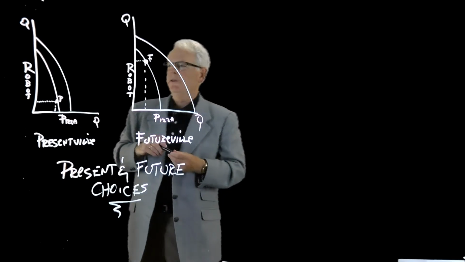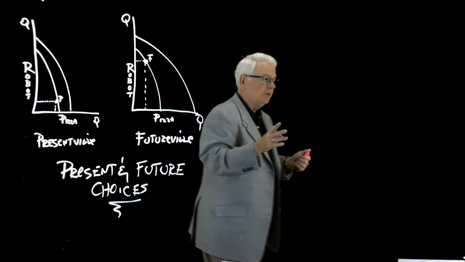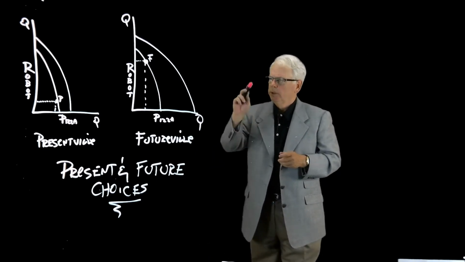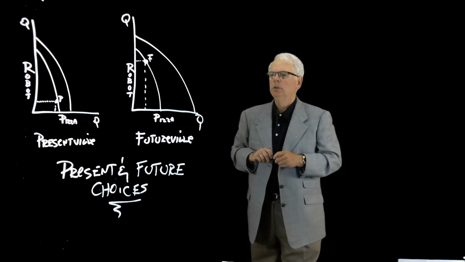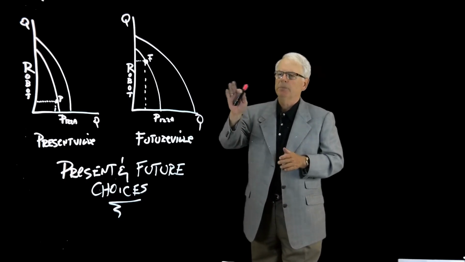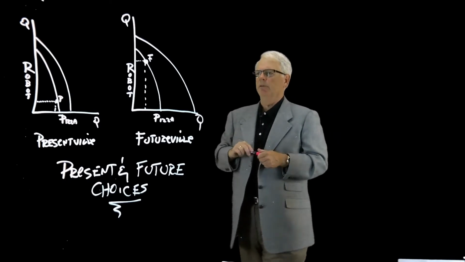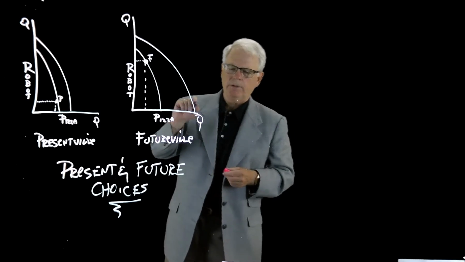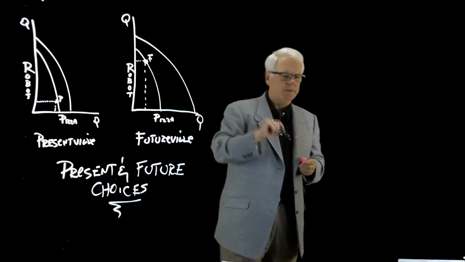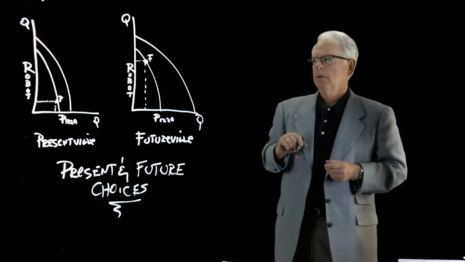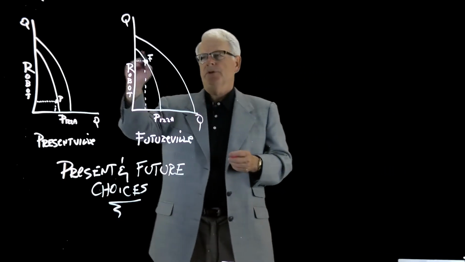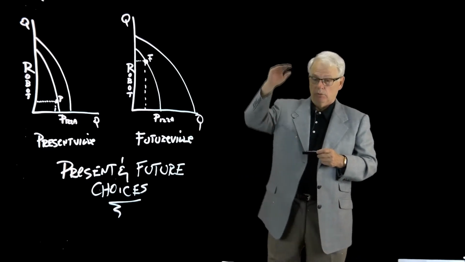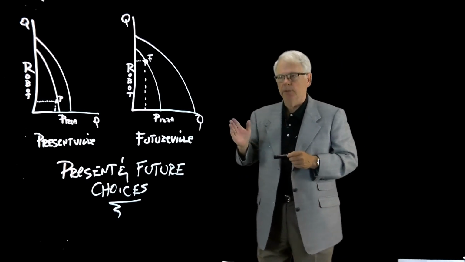They prefer to operate their current production possibilities curve at point P. In the case of Futureville, with the same current production possibilities curve, they prefer to sacrifice current consumption of pizzas and operate their production possibilities curve at point F. More robots, less pizza.